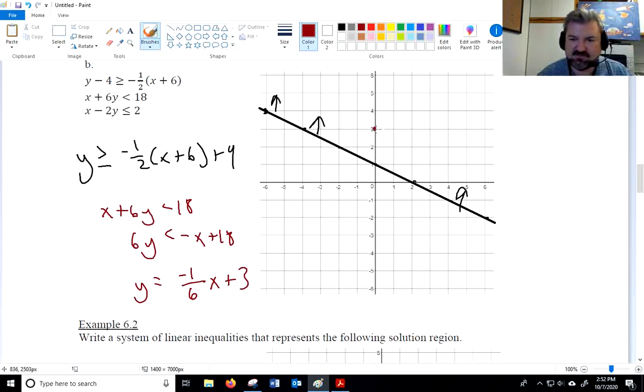So I'm at 3, and I'm going to go down 1 over 6. Well, that's right there. And also go up 1 over 6, and that's right here. I lost my inequality, though, somehow. All right, I have y less than, so I'll be shading below. Okay, be shading below this line.